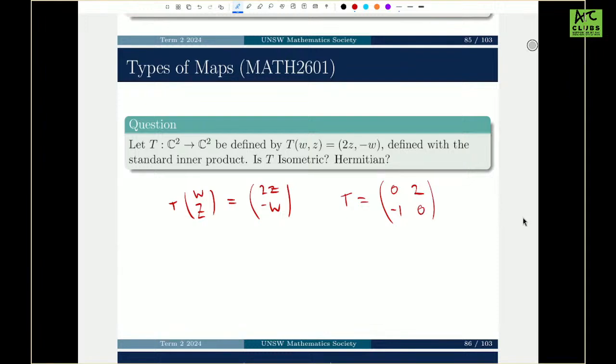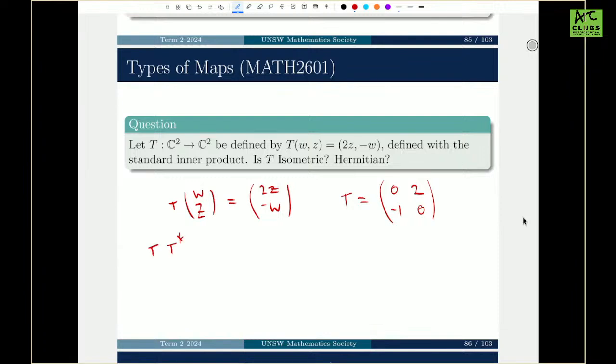Okay, is it isometric? We know that a matrix is an isometry if and only if it's unitary. We know that for unitary matrices, if you multiply T by T adjoint, you get the identity matrix. So let's do exactly that.